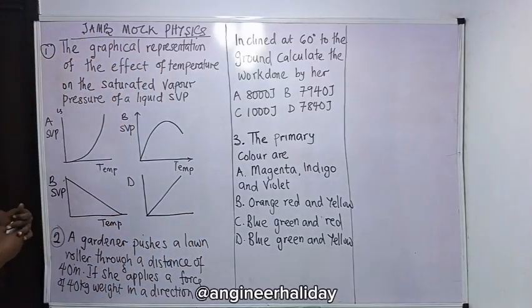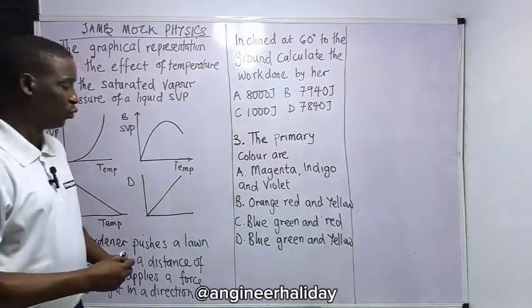The first question asks for the graphical representation of the effect of temperature on the saturated vapor pressure of a liquid. What they are trying to say is, when you plot the graph of SVP against temperature.